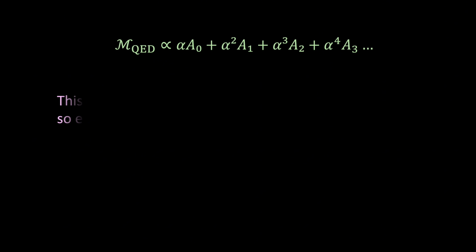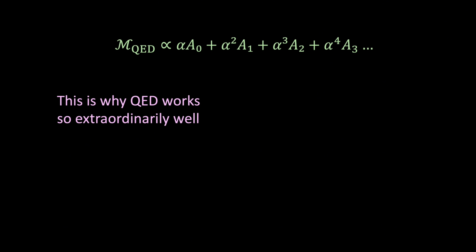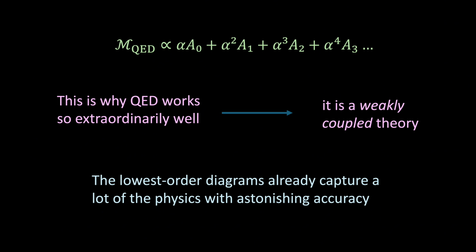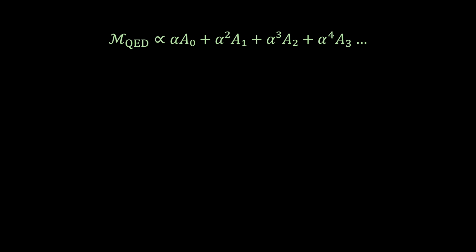This is why QED works so extraordinarily well. It's a weakly coupled theory in which the lowest order diagrams already capture a lot of the physics with astonishing accuracy. And so, in summary, it's the fact that the dimensionless fine structure constant is so small that makes the whole perturbative system work.